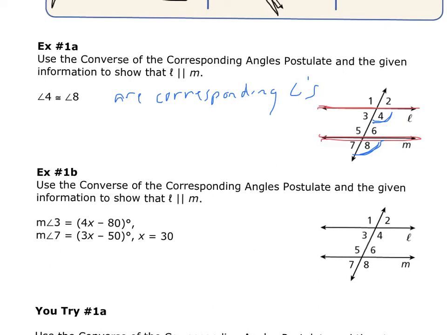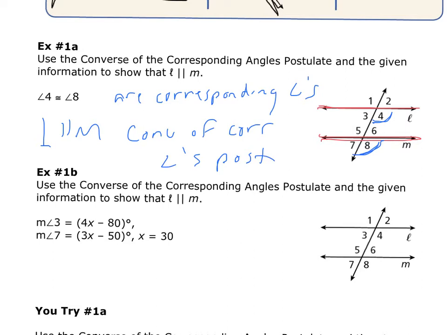Since they're corresponding angles, we know that L is parallel to M because of the converse of the corresponding angles postulate.